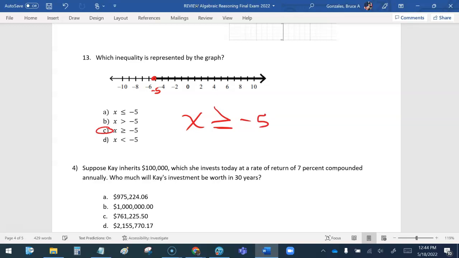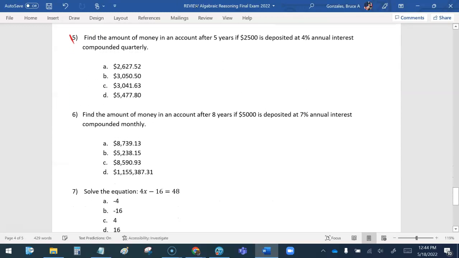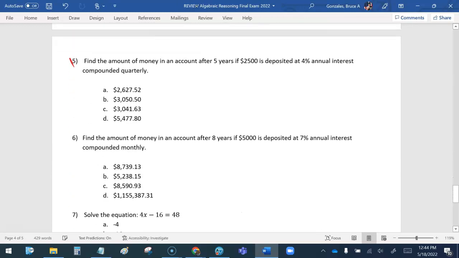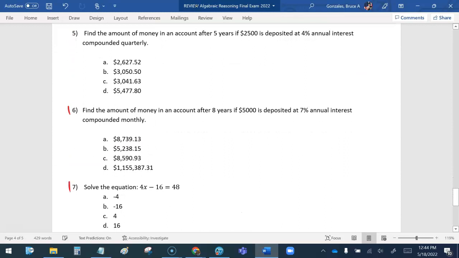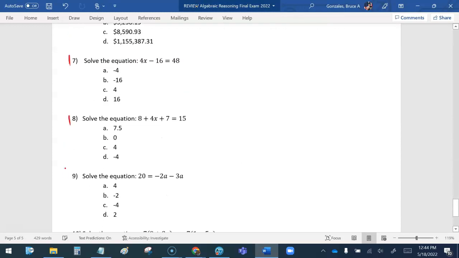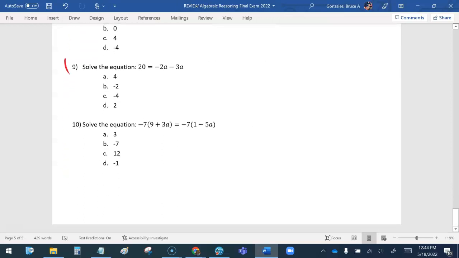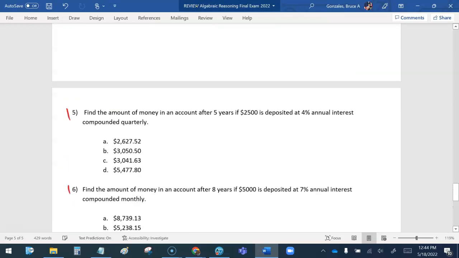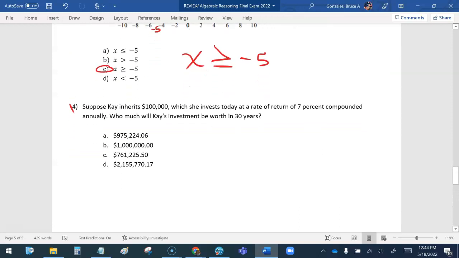Cool. All right, now this is supposed to be 14, 15, 16, and 17. And then 20. All right, so if you remember this, A equals P times 1 plus r over n, to the n times t power.